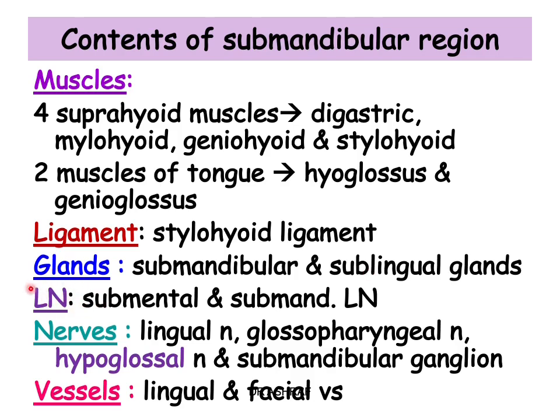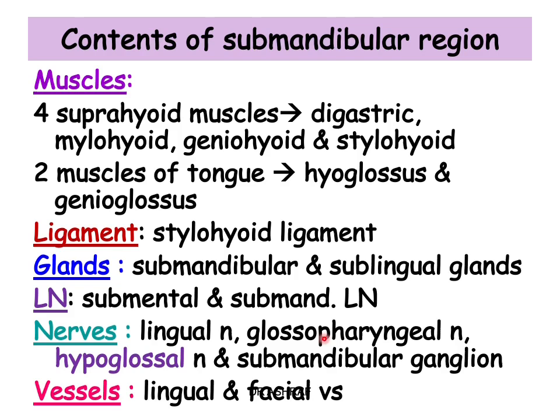In addition to the glands, we have the lymph nodes in this region: the submandibular lymph nodes, and in the midline the submental lymph nodes. The nerves: we have two nerves which, as we said in the lecture, are related to the hyoglossus muscle, the lingual nerve and the hypoglossal nerve.